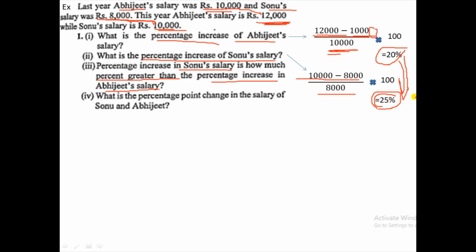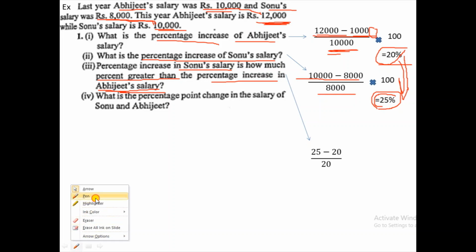It is not going to be a simple difference because they have asked for the percentage difference between these two numbers, the percentage difference of percentage values. Okay, so now this changes from 20 to 25, because this is the increment, 20 to 25. So the change is 25 minus 20, and the original value is 20 because we are comparing with the percentage increase in Abhijit's salary.